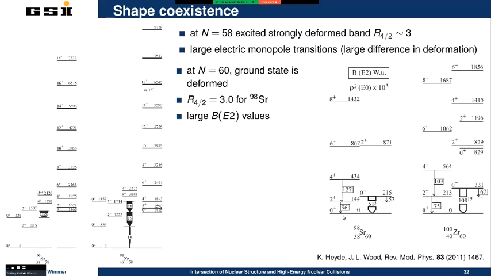And then what is indicated here by these transitions between the 0+ states is the electric monopole strength, which can be interpreted as a measure of the difference in deformation. So a large electric monopole strength means that these two states have a very large difference in deformation.